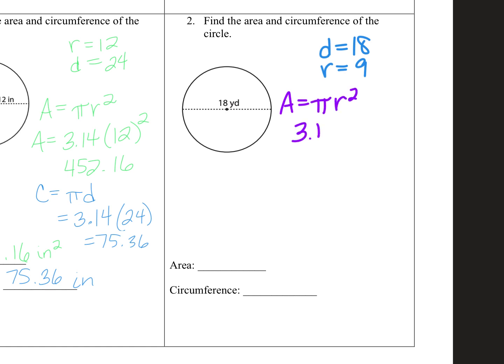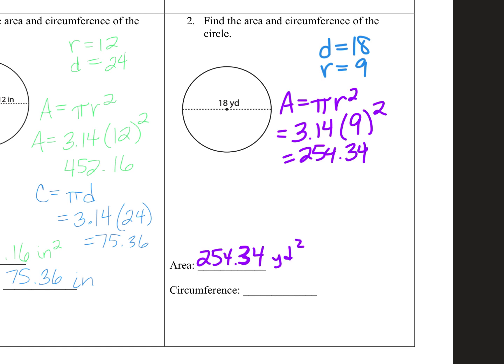So that's 3.14 times 9 squared. On your calculator, you get 254.34, and that is yards squared.